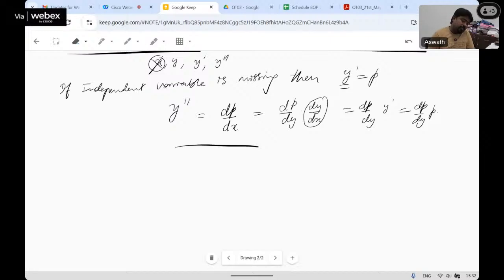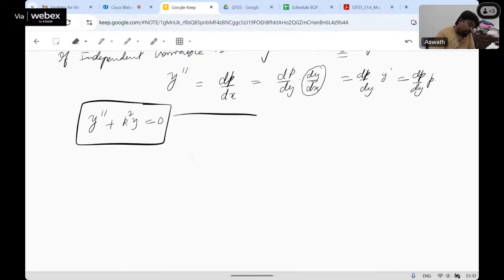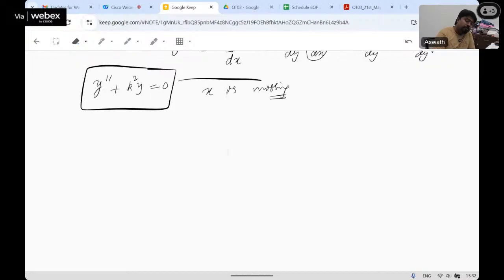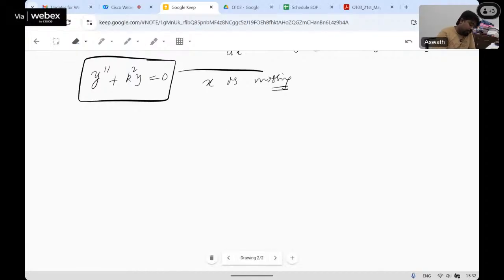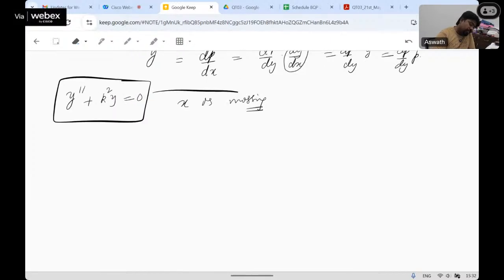So with these substitutions, let me take one differential equation. Let's say I have the differential equation y double prime plus k square into y is equal to 0. Here, for sure, x is missing. Let me substitute the constructions: y prime is p, and y double prime is dp by dy into p.